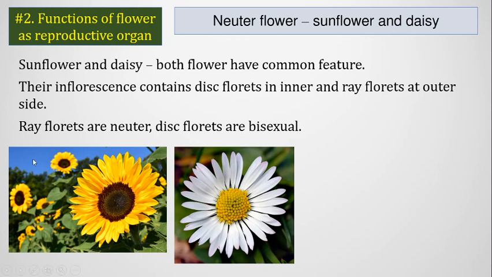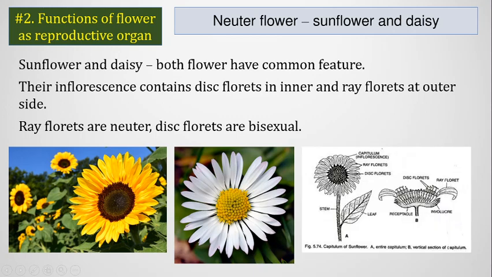So the ray florets present in sunflower and daisy are neuter flowers, and this special type of inflorescence is called capitulum. What inflorescence is, we will discuss in a later class. Among the types of inflorescence, the capitulum type is a special type that is seen especially in sunflower and daisy.